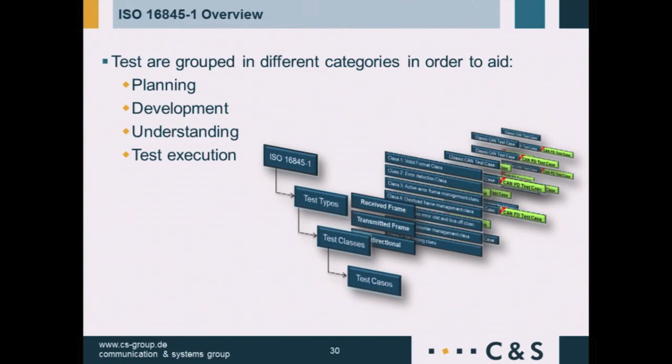This is the same structure that was used previously, with some new things. And of course, those test cases are always grouped, in order to ease planning, development, understanding, and test execution.